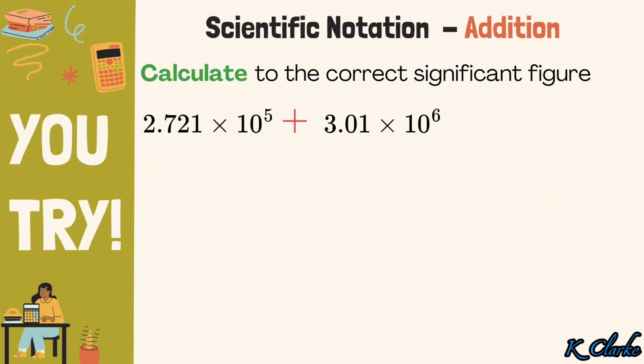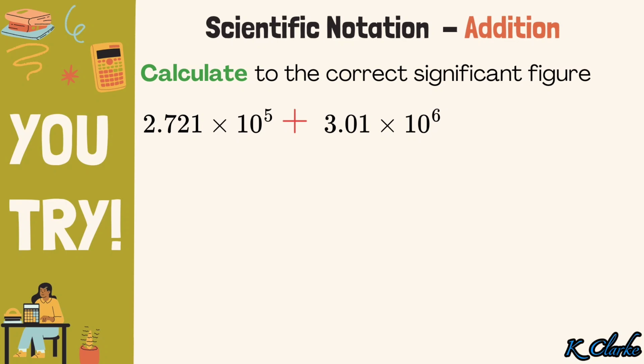Calculate to the correct significant figure 2.721 times 10 to the power of 5 plus 3.01 times 10 to the power of 6.